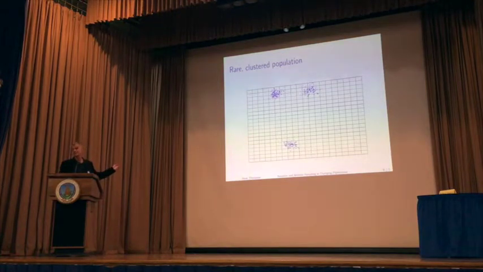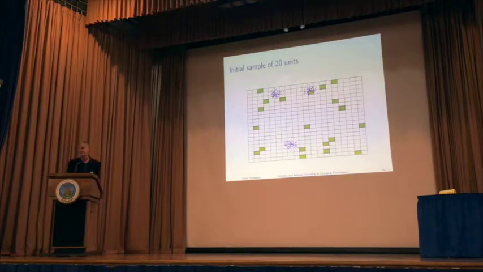So here's an example of the type of thing that was originally motivating these adaptive designs. It was work in sampling for commercial fisheries, fish and animal species, and rare species of plants. The problem with the survey is that if people selected a random sample like this, they found very few values of what they were looking for.